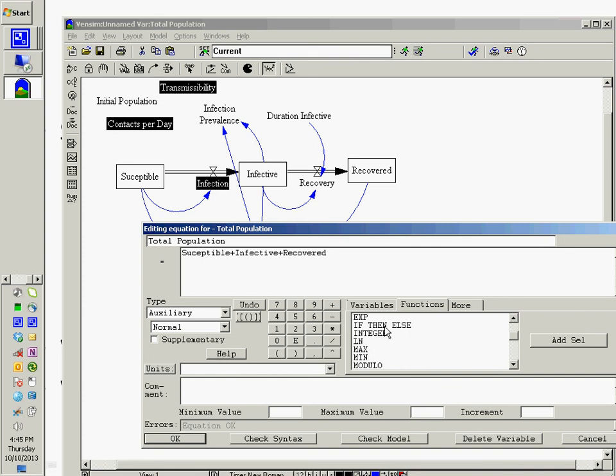For those for whom this is a meaningful thing, in C-oriented languages, there's a thing called a ternary operator. You see similar things in SAS and SPSS actually. So it says, if a condition is true, we'll do one thing. Otherwise, if the condition is false, we'll do something else. That would be an example of a ternary operator.